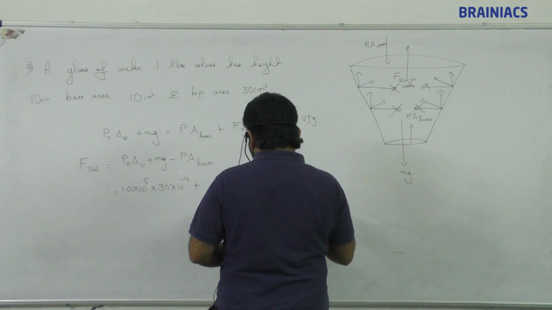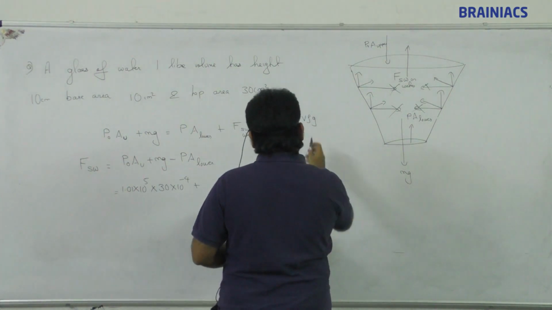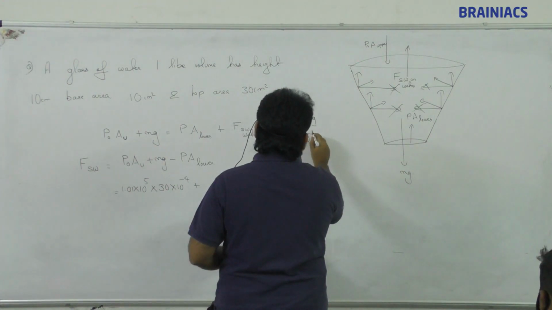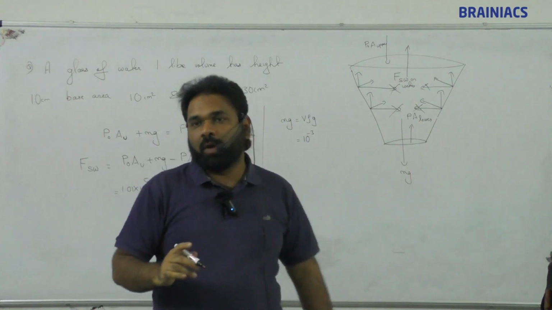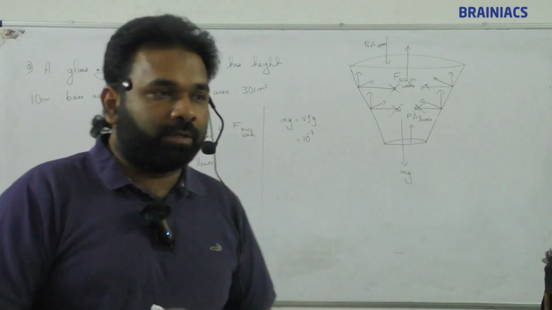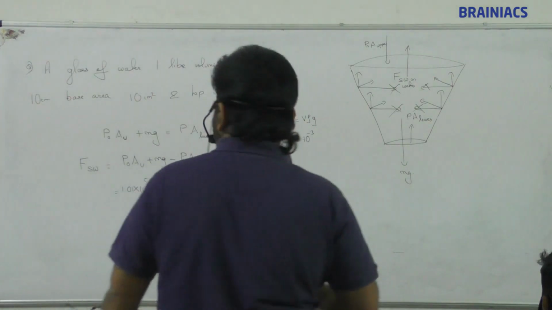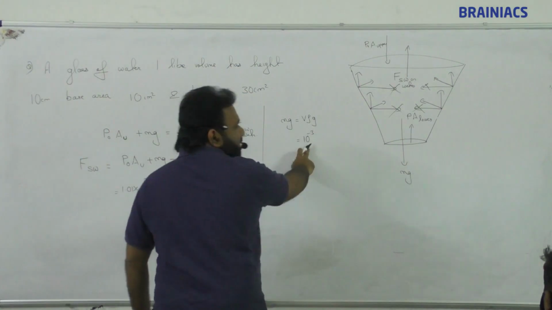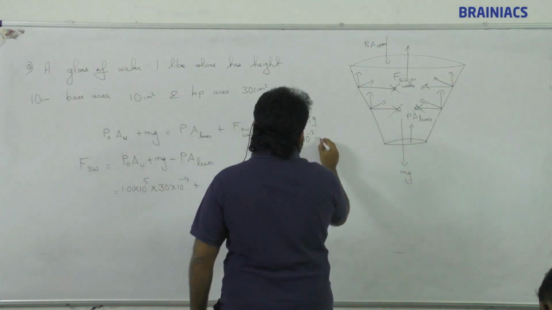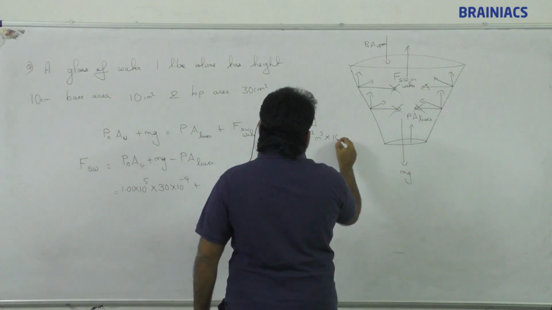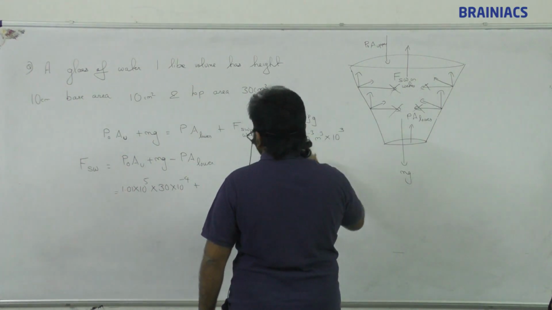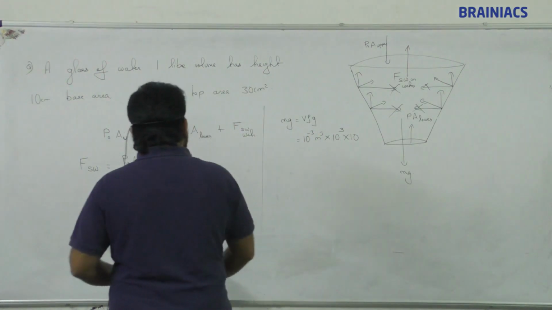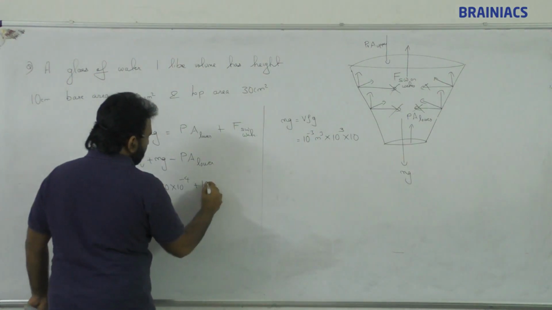Volume is 1 liter, and 1 liter is not an SI unit; it is 10 raised to minus 3 meter cube. Density is given as 10 raised to 3. So mg ultimately we get 10 Newton.